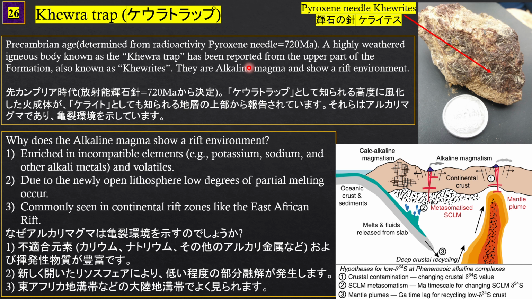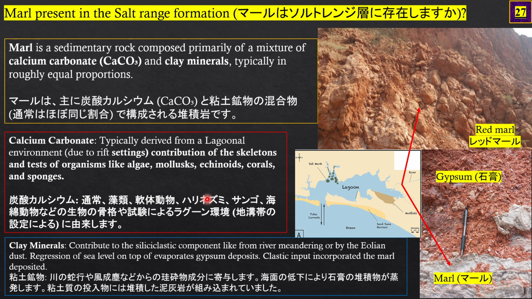They have some dating done, and they are also alkaline rich magma. What it shows is that alkaline rich magma has incompatible elements like potassium, sodium, or alkali metals, which means that low partial melting occurred. So it means that a little bit of rifting occurred. Due to the rifting, these marls are deposited, which are a mixture of calcium carbonate and clay minerals.